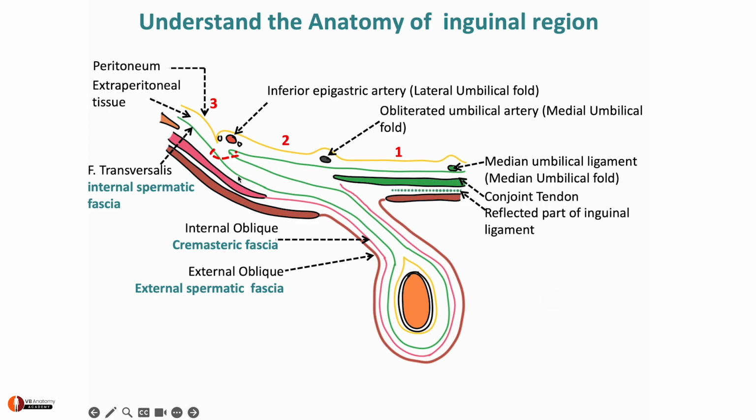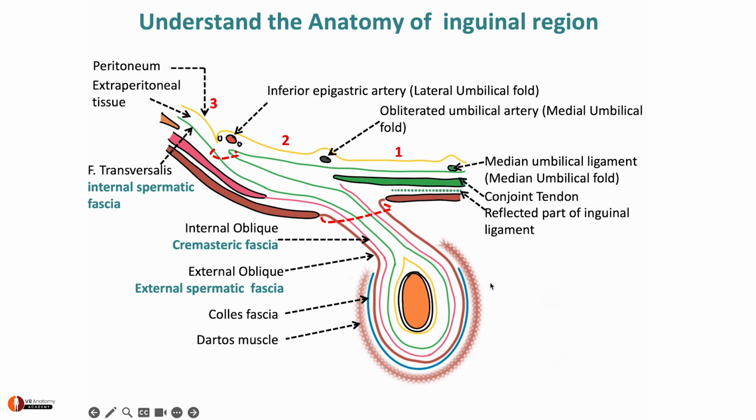From inside out, there is internal spermatic fascia, cremasteric fascia, external spermatic fascia. Here is your superficial inguinal ring, which is guarded posteriorly by the reflected part of the inguinal ligament and conjoint tendon. All this is now surrounded by Colles fascia, Dartos muscle, and the skin.